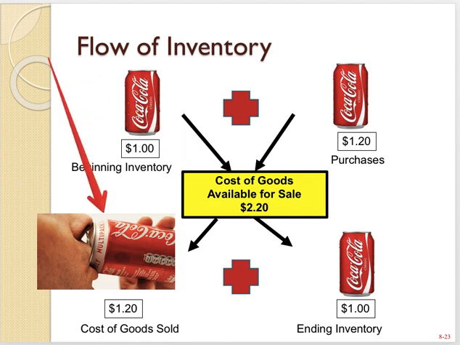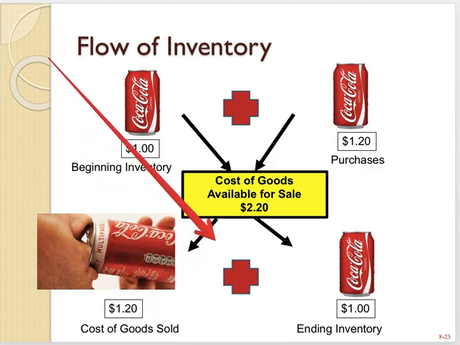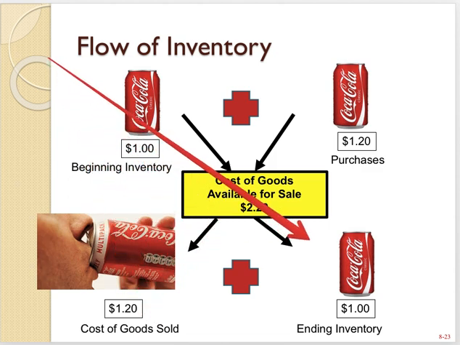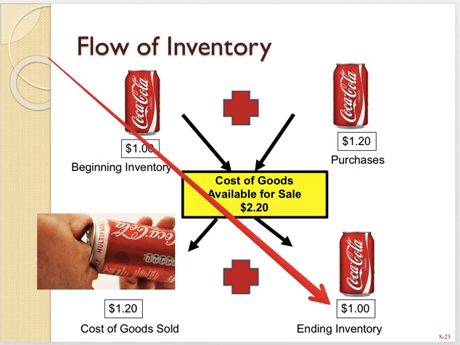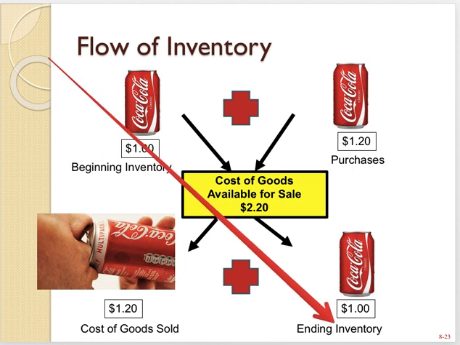Either I sold it, which, as you can see here, is one I sold because I see my customer drinking it, and that one I know was the one for $1.20, so that goes to cost of goods sold. The other thing that could happen is we didn't sell it, so that's the can of Coke still sitting on our store shelf, but this one was the one that was $1, so that's our ending inventory.